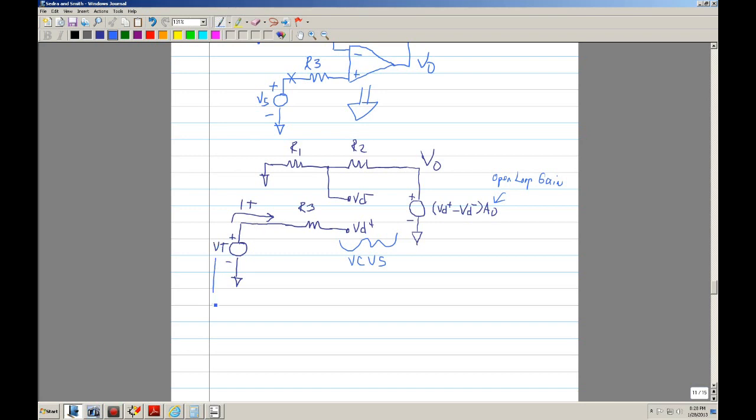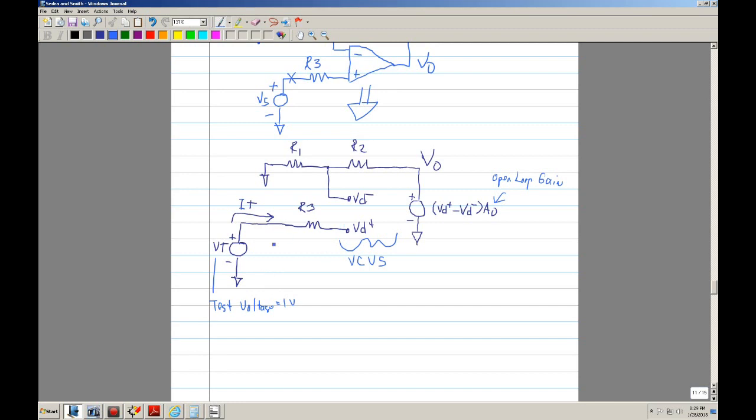VT is a test voltage, and we can always assume that it's like 1 volt. If you put 1 volt, then it's going to generate IT, and that's your test current as well.